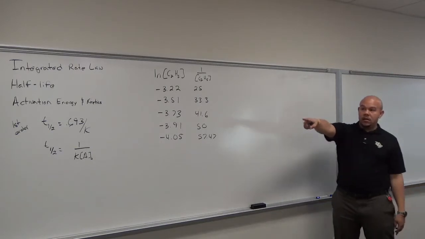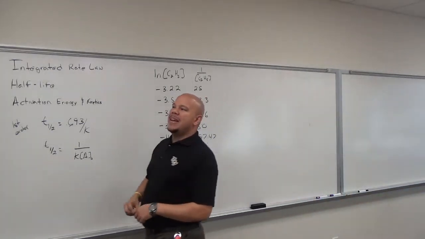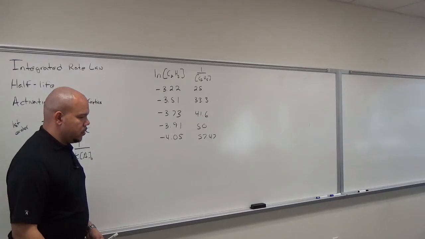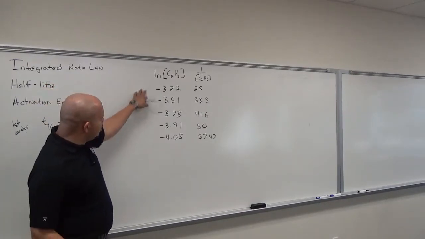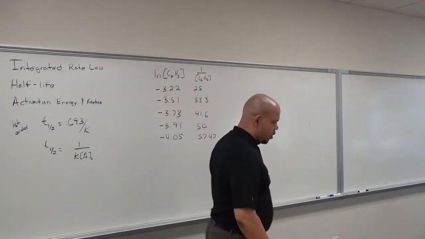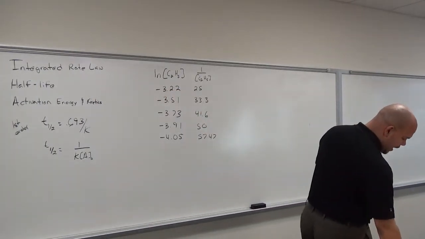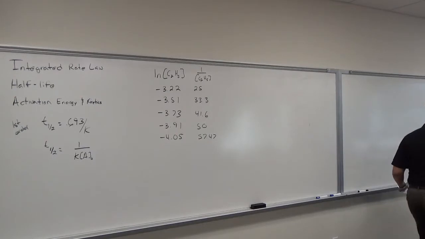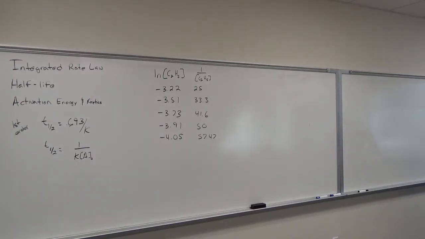Natural log and 1 over. But being able to make these two plots is not just this portion, it's also drawing a graph correctly. So, in the case of what we're dealing with, let me see if I can get the dot cam. Let's use that real quick.